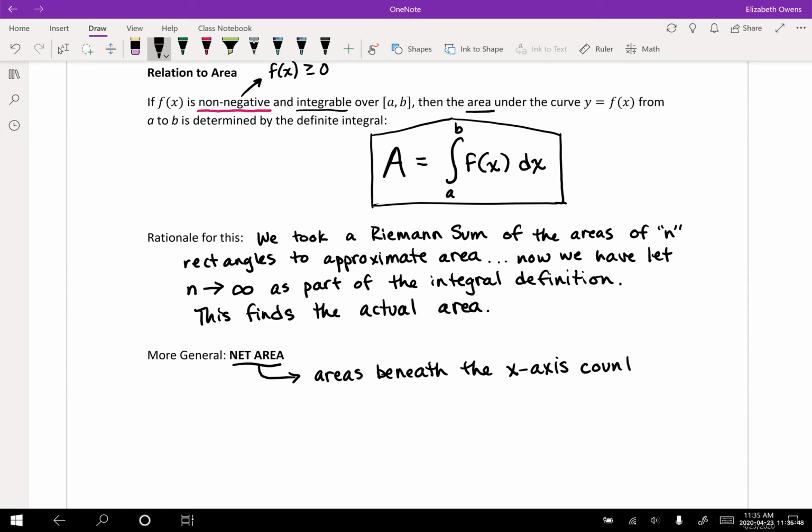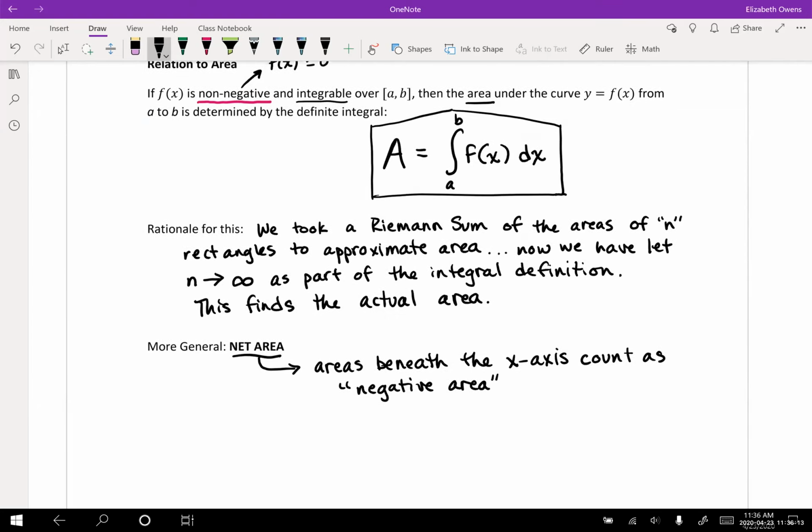Those are going to count as negative area. Which is a little bizarre, and try not to think about this too much in real world physical terms, because in real world physical terms, we don't really say the area can be negative. This is just a mathematical definition here.